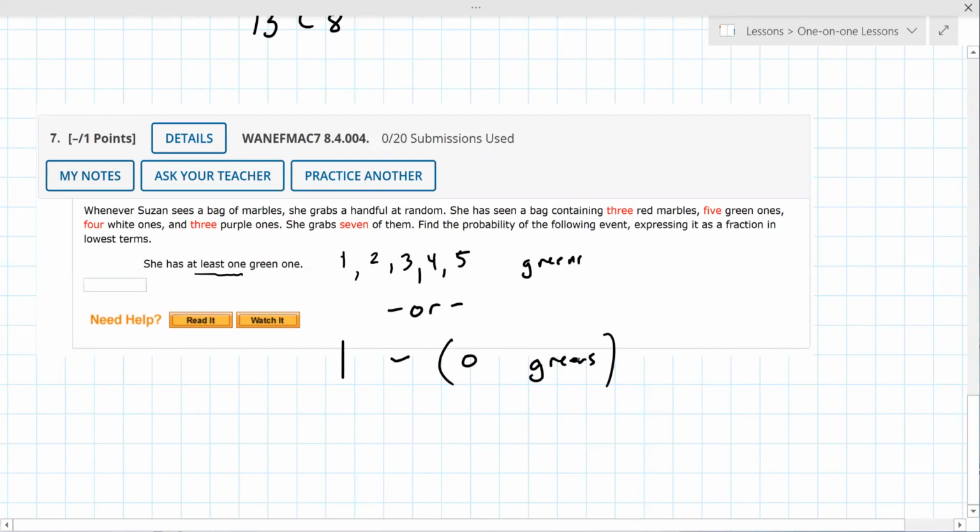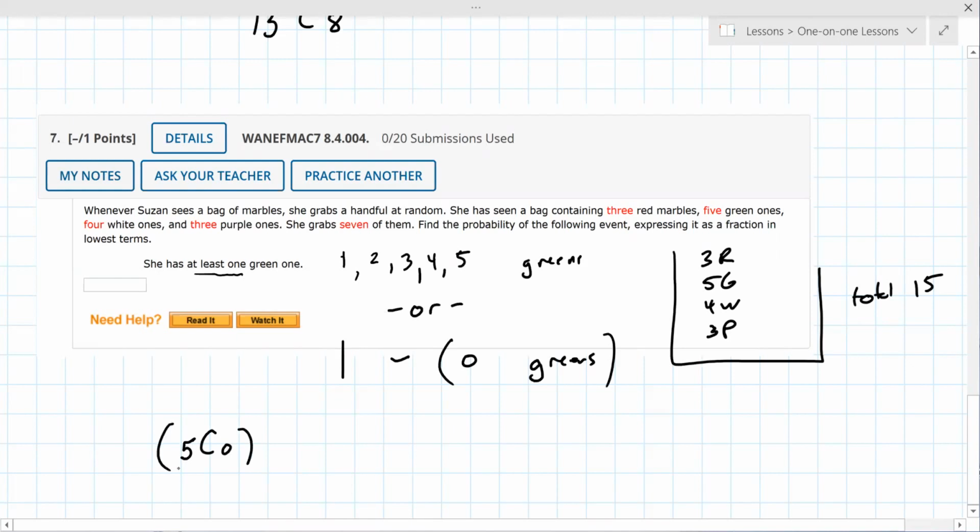So the probability of grabbing 0 greens is as follows. So we've got another bag here again. It's 3 red, 5 green, 4 white, 3 purple, and the total is 8, 12, 15. Total of 15. So out of the greens, since we want to choose 0 of them, it's 5 choose 0.